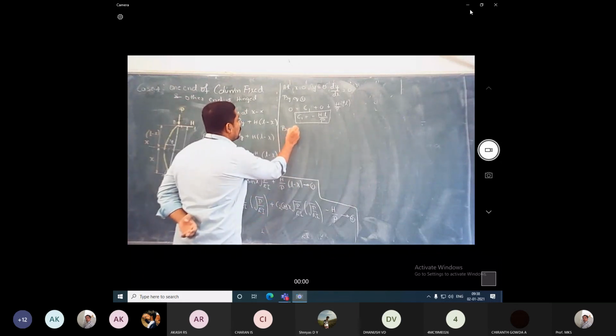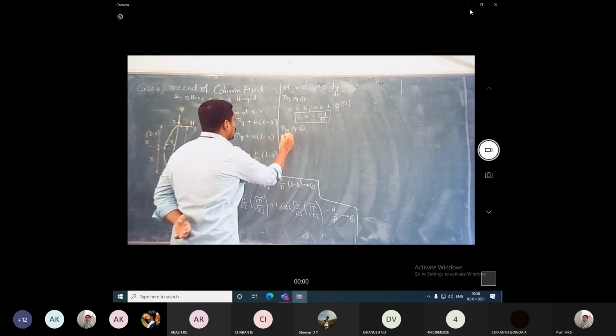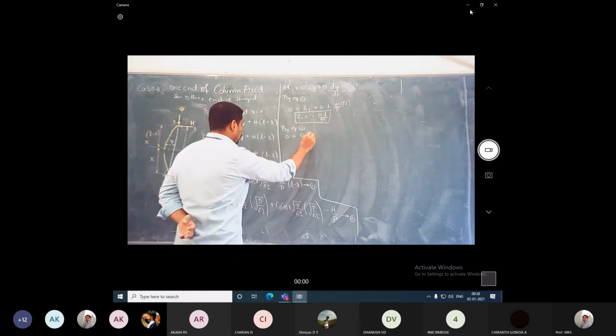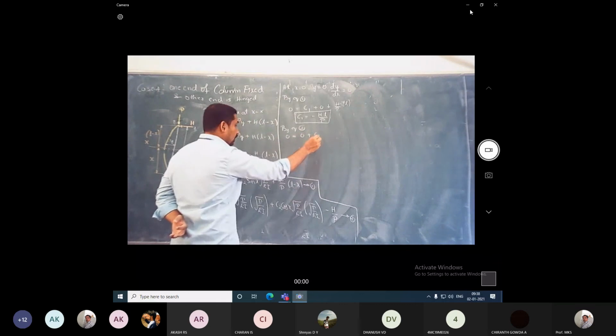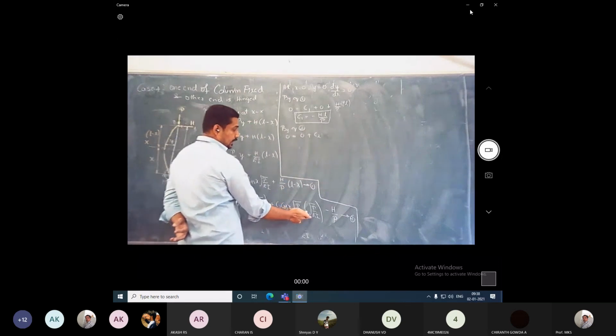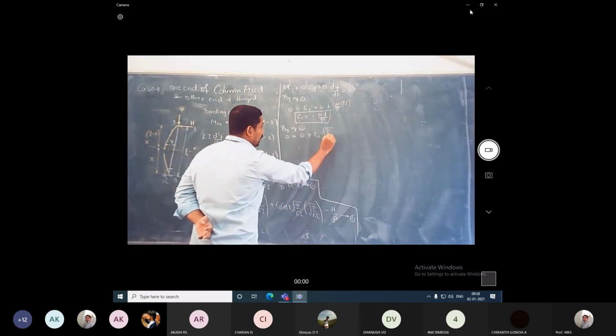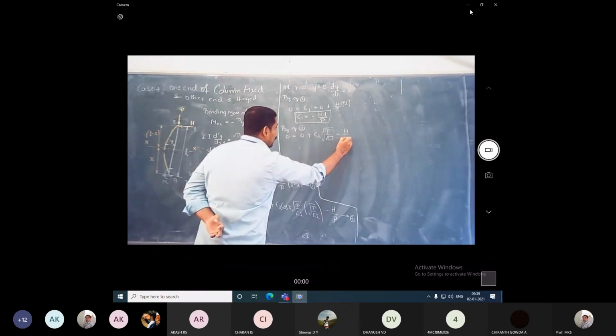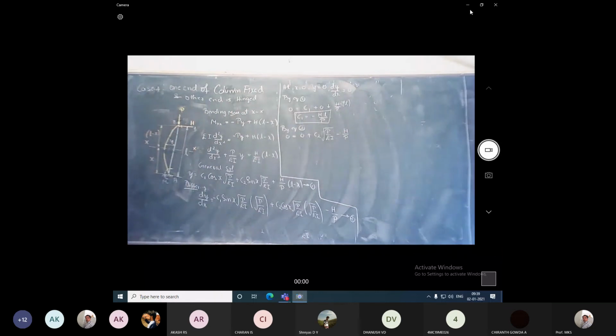By equation 2, 0 is equal to minus C1 sin 0, which is 0, plus C2 cos 0, which is 1, into root of P by EI, minus H by P. Cross multiply and you will get the solution for C2.